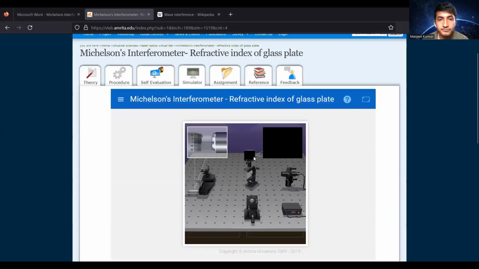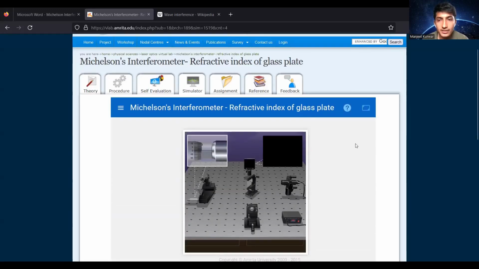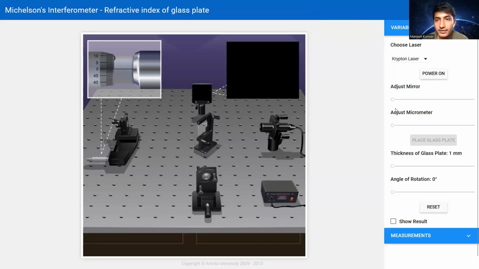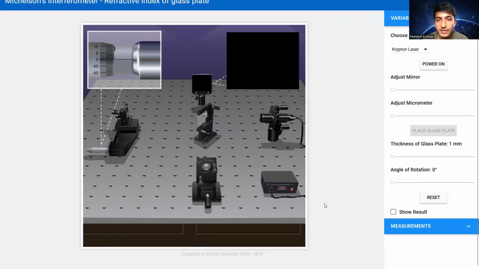As you can see, I'm going to demonstrate it. Let's zoom in. You can find power on, adjust mirror, adjust micrometer, thickness of glass plate, which is our aim to find, the refractive index, and measurement.